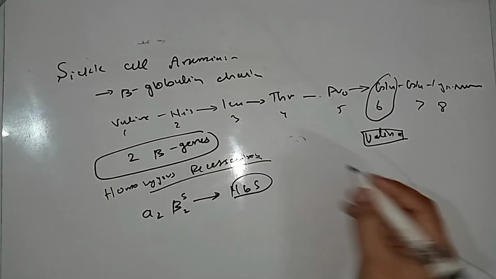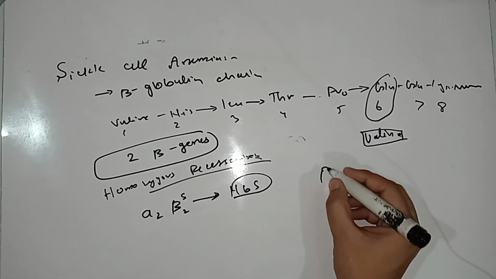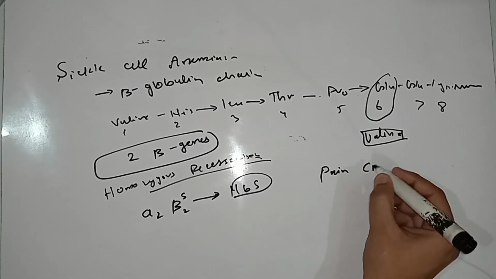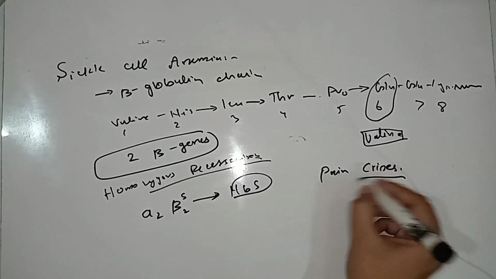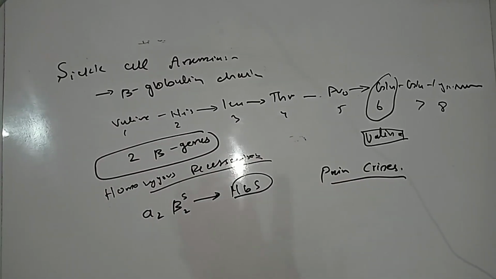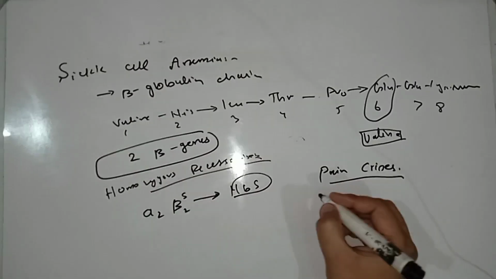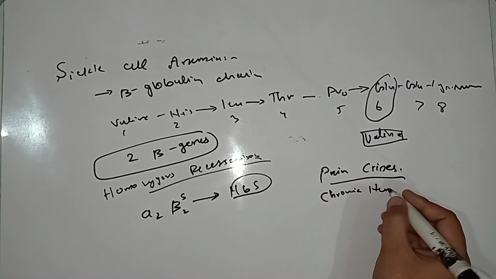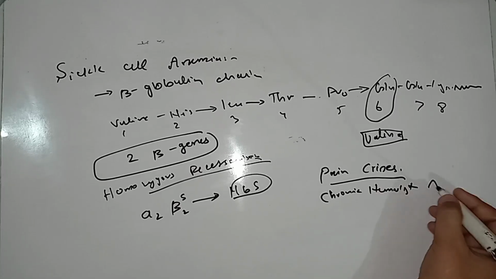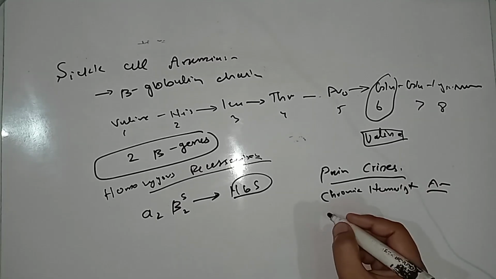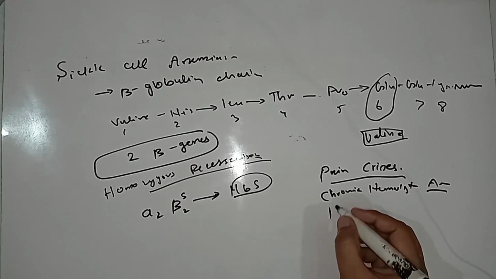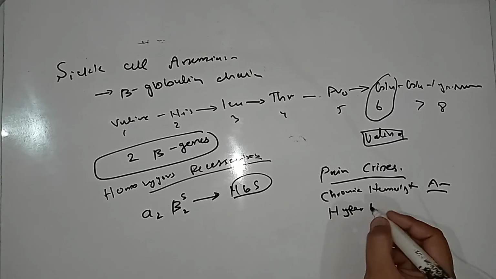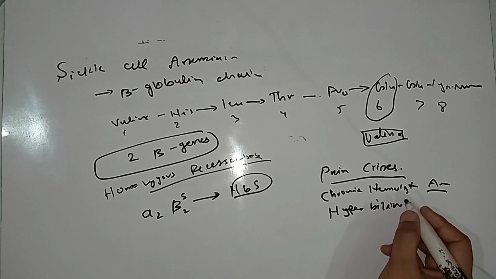Different symptoms of sickle cell disease include pain crisis. The patient suffers from episodes of pain, and why this pain arises, we discuss later on. There is chronic hemolytic anemia, and due to hemolysis there is increased bilirubin level, hyperbilirubinemia.